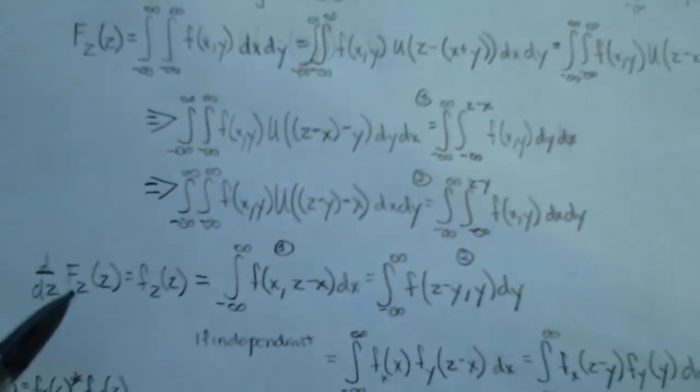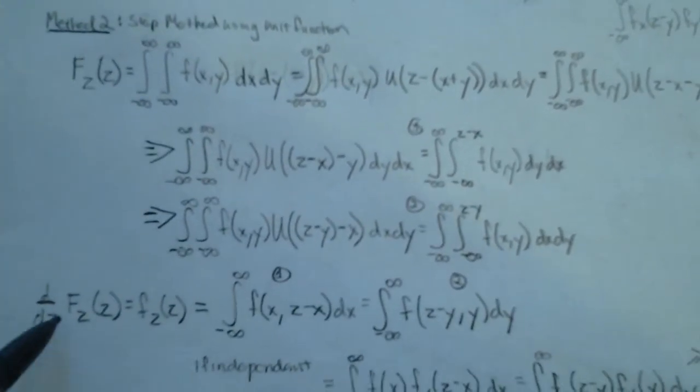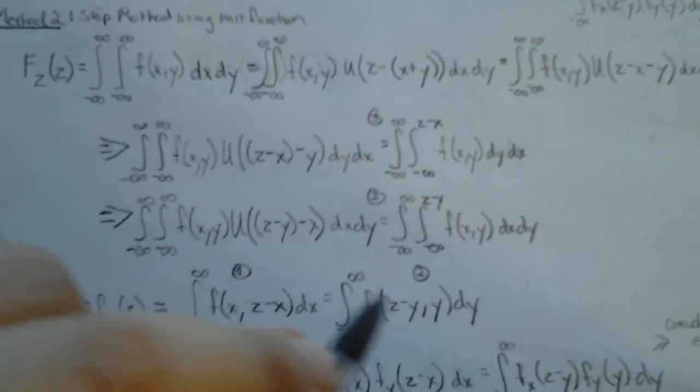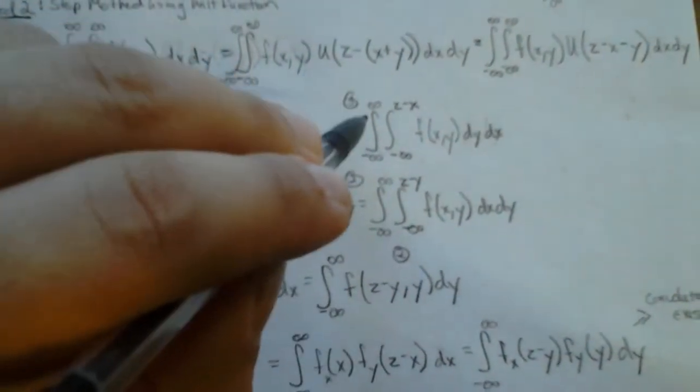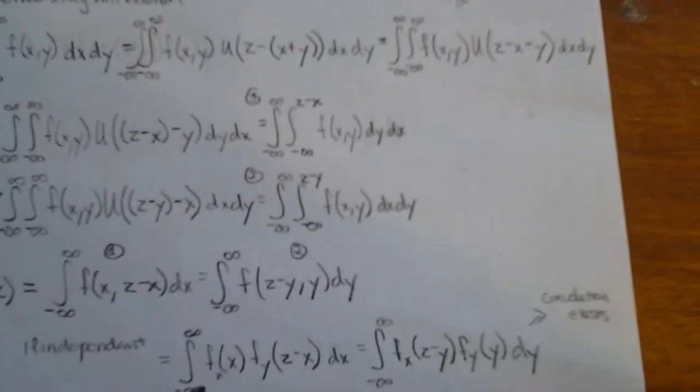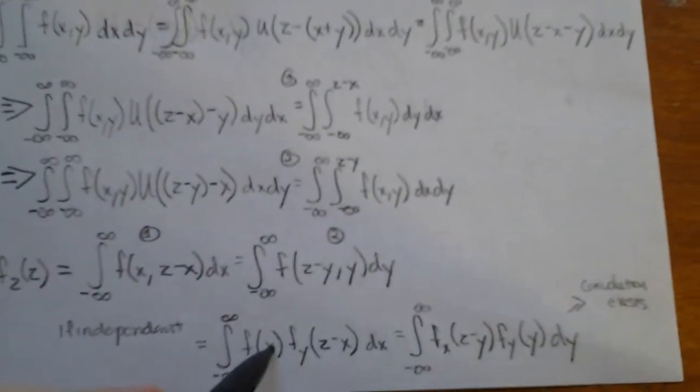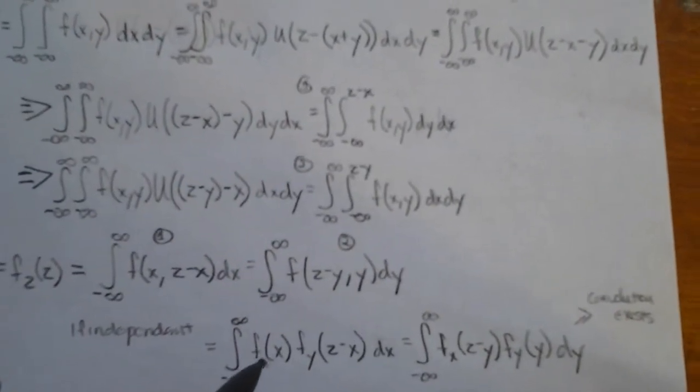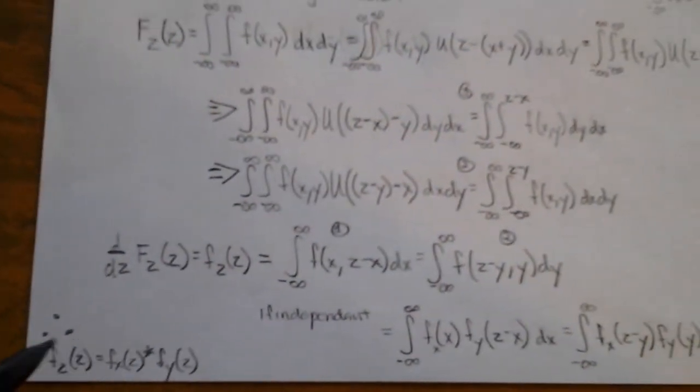If we break this down and find a derivative to get our little f of z, these two terms come out. They're equivalent. They correspond to these two. And they also show that convolution exists if the condition of independence is met, which I showed right here. So that's basically it. That's basically the two methods which are alluded to in the problem.